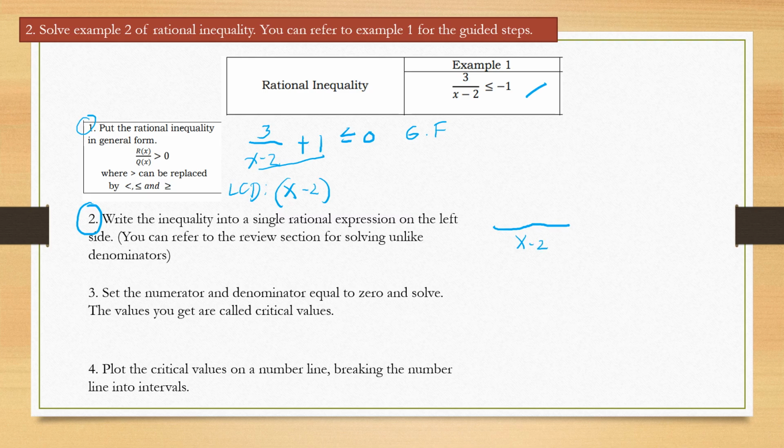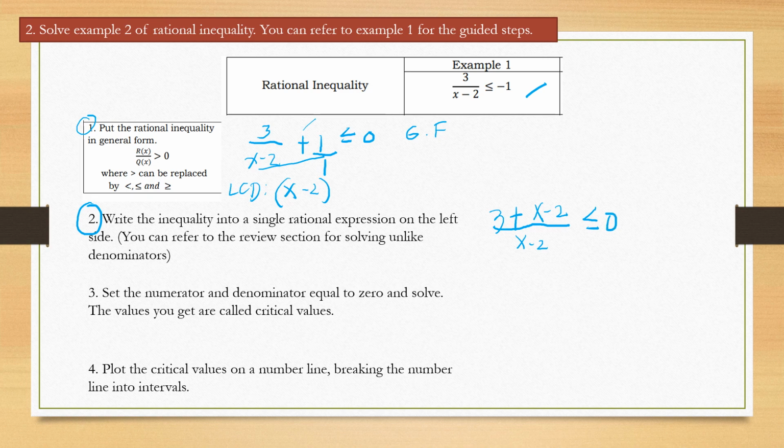So, let us write the x minus 2 at the denominator. X minus 2 divided by x minus 2 is 1 times 3 will give us 3. Then, following the plus sign, x minus 2 divided by 1, kasi ang denominator ng 1 ay 1. X minus 2 divided by 1 is x minus 2 times 1. We have here x minus 2. And of course, less than equal to 0.